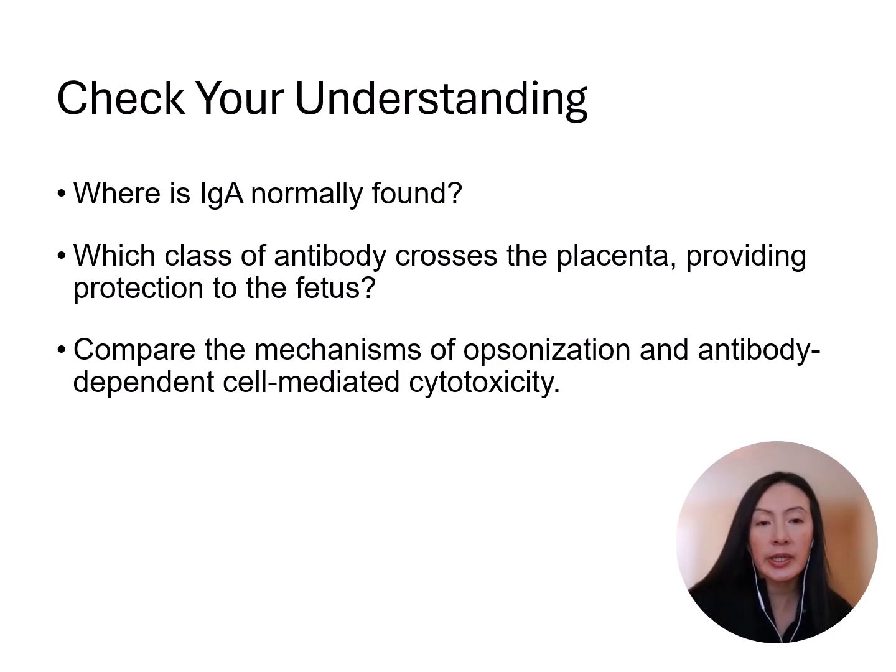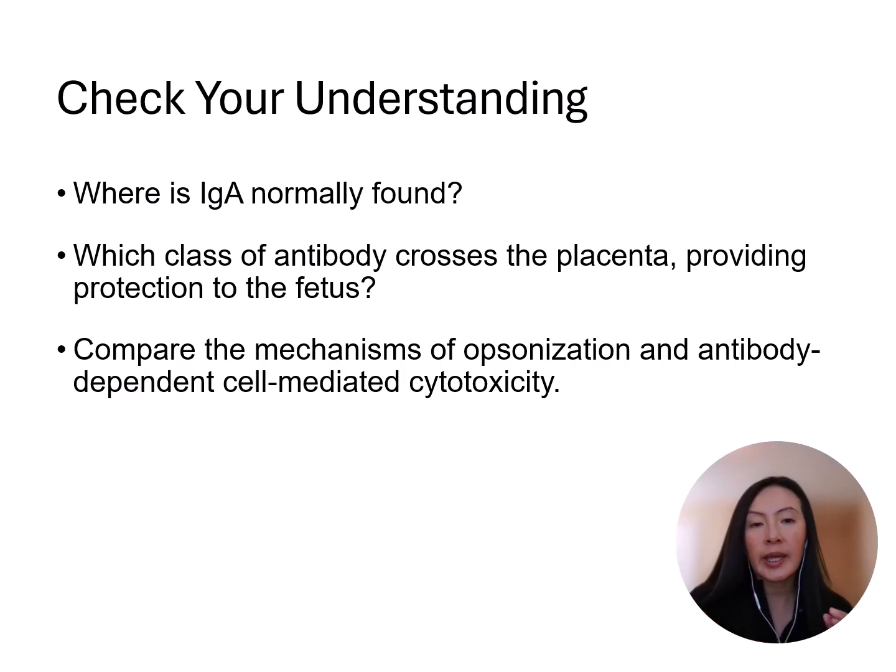The third question asks, compare the mechanisms of opsonization and antibody-dependent cell-mediated cytotoxicity. So for opsonization, it's when IgG binds to the pathogen. The constant region, that FC region, binds to phagocytic FC receptors, and this is going to enhance engulfment by phagocytes.